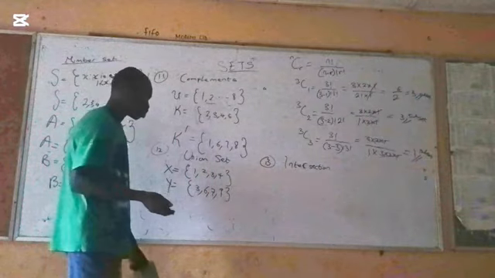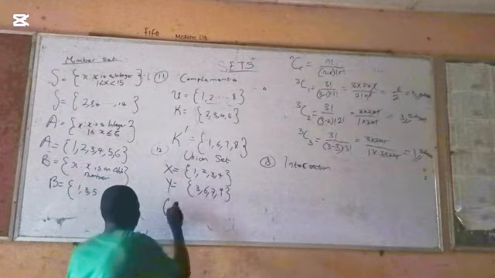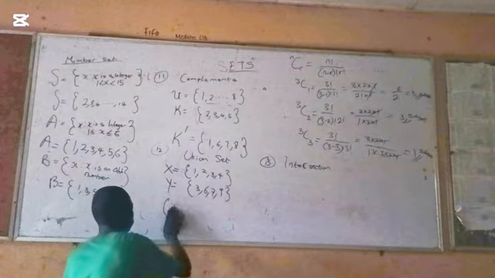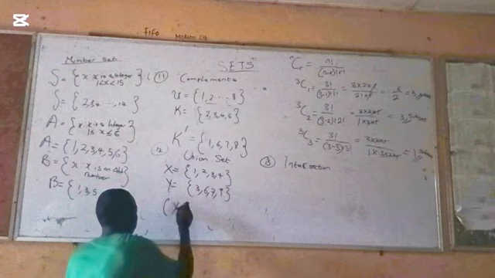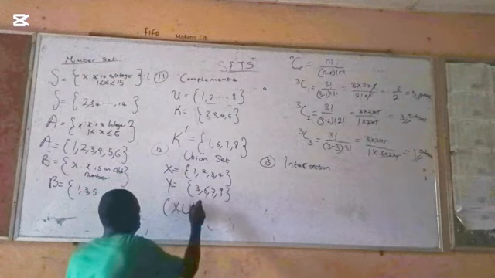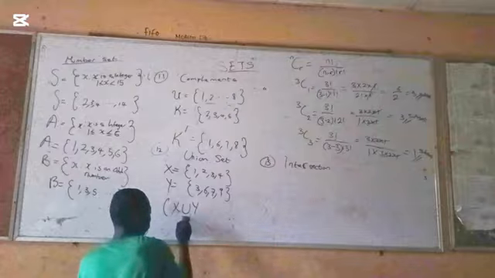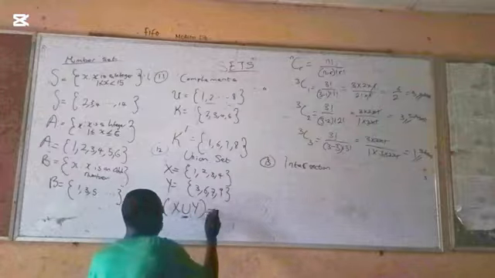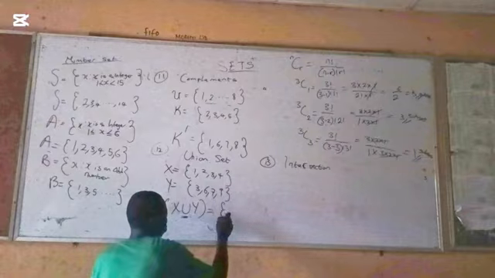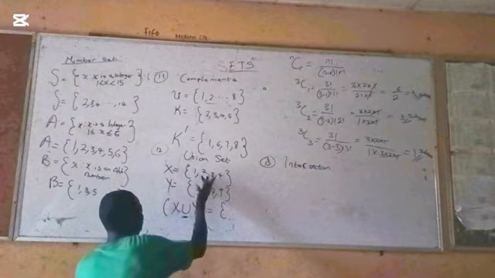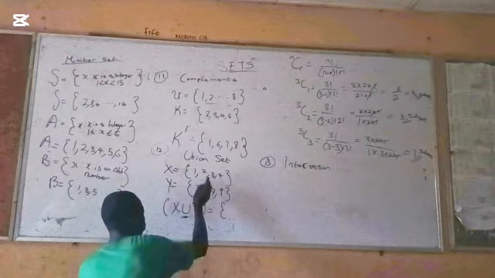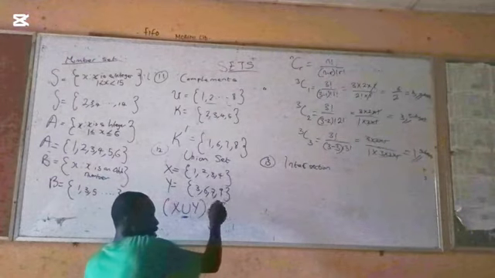If they ask you for the union of sets, they will give it as X union Y. This is the symbol for denoting the union of the sets. So this is equal to, don't forget the curly bracket, you are going to add all these sets up. You are going to combine them together.